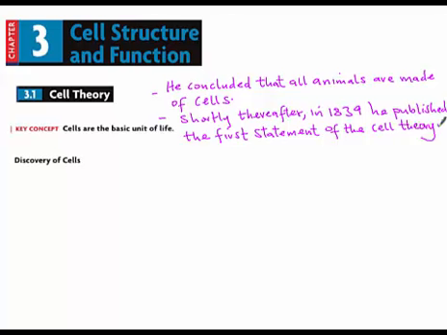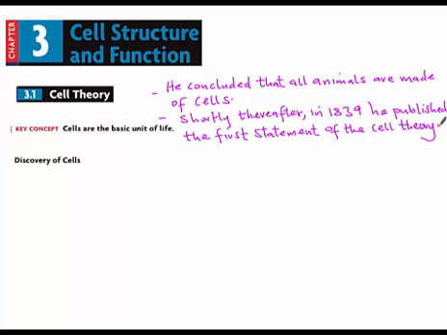So after coming together with his countryman Matthias Schleiden and discovering that plants and animals are made of cells, he was the first to publish the first statement of the cell theory, concluding that all living things are made of cells and cell products.